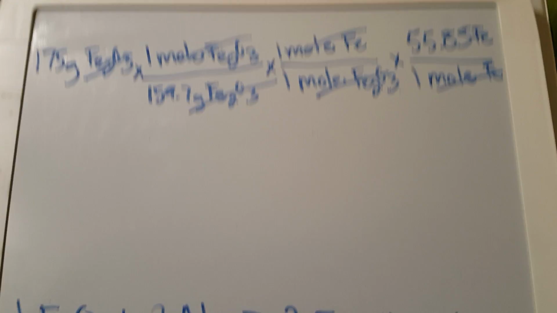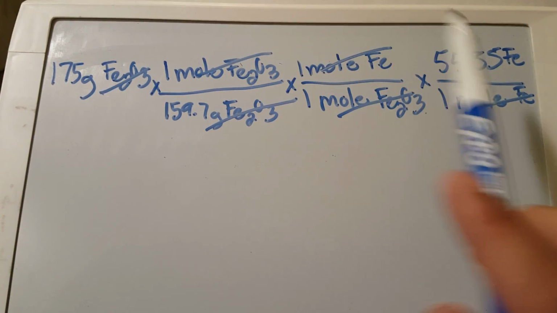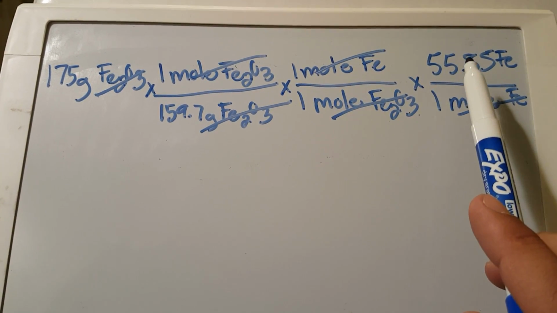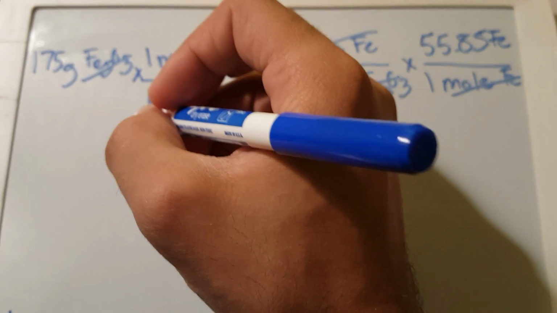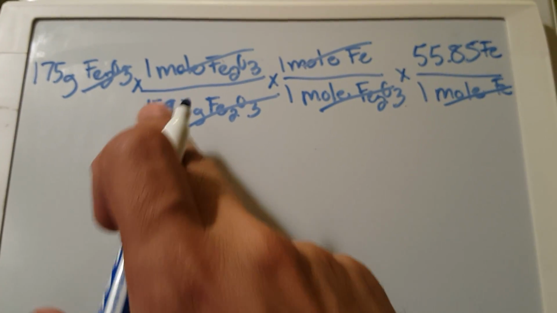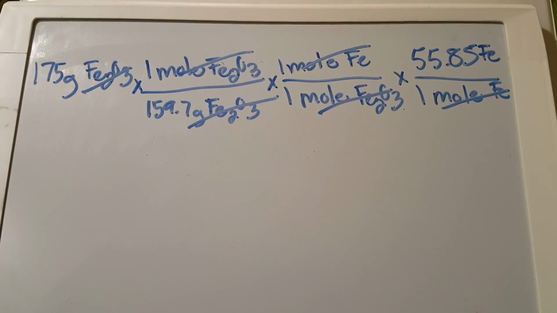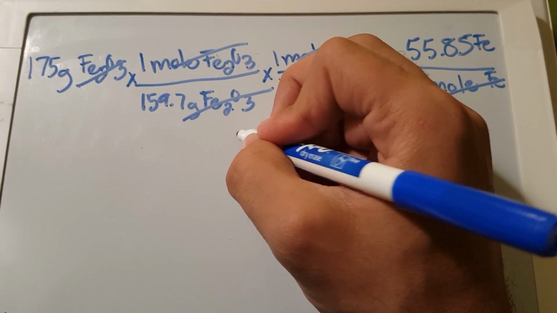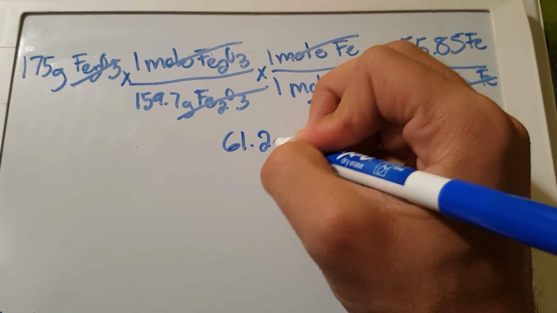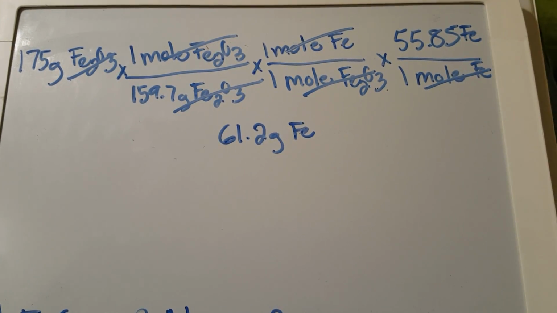Since we have that done, you only have to multiply the 175 times the 55.85 and then divide all that by 159.7 grams, which is going to give you a final product of 61.2 grams of Fe, which is iron.